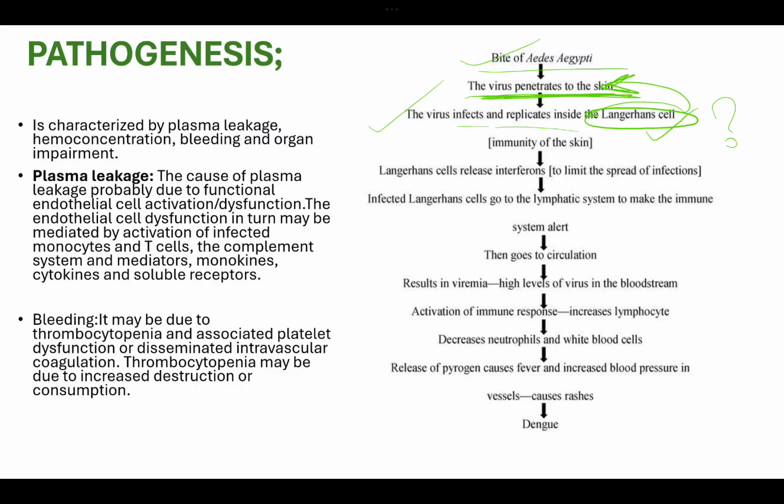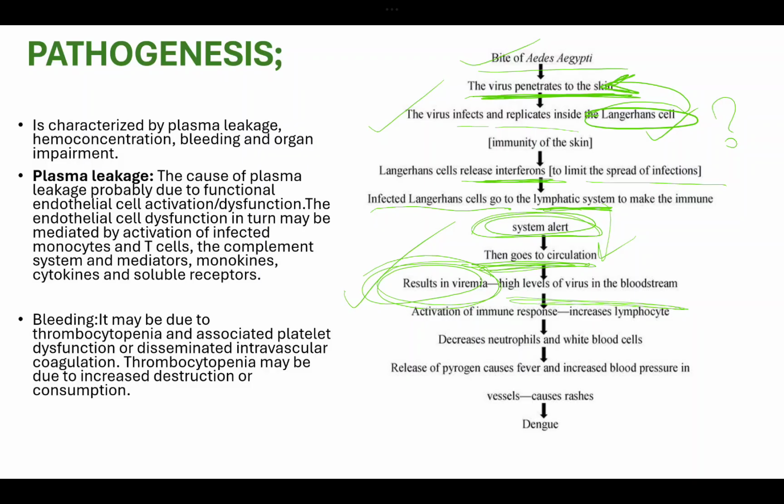The Langerhans cells release interferons to limit the spread of infection, and the infected Langerhans cells reach out to the lymphatic system to alert the immune system, and from the lymphatic system the virus enters the circulation. Once the virus enters the blood, it is known as viremia, and a high level of virus is seen in the bloodstream, and all of this activates the immune response.